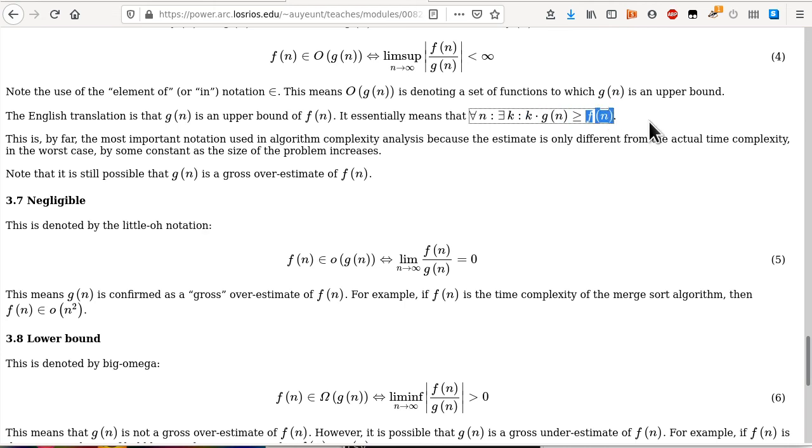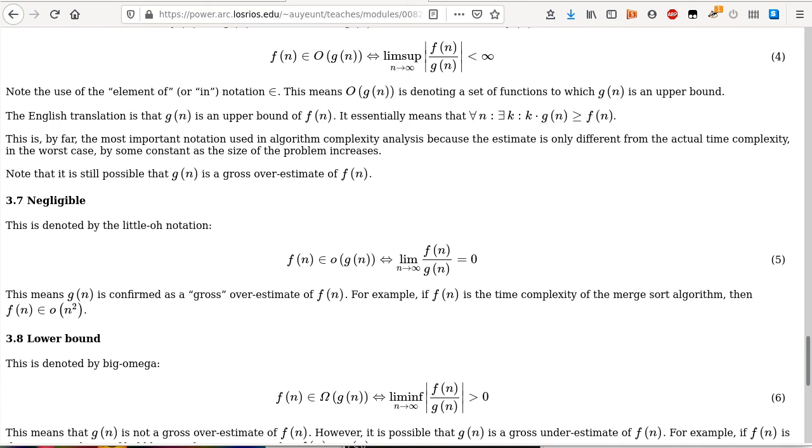You just need a constant to multiply to g of n, and the product between the constant and g of n is always going to be greater than or equal to f of n. And that makes g of n an upper bound of f of n. So, are we good so far with this? Okay. I think so.